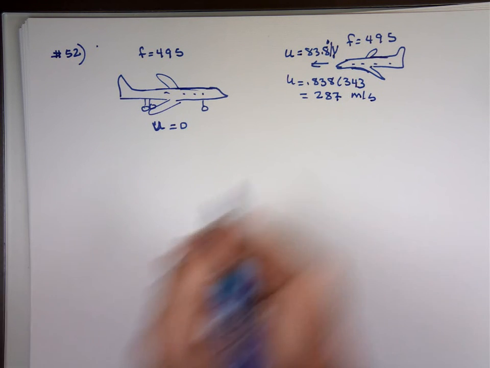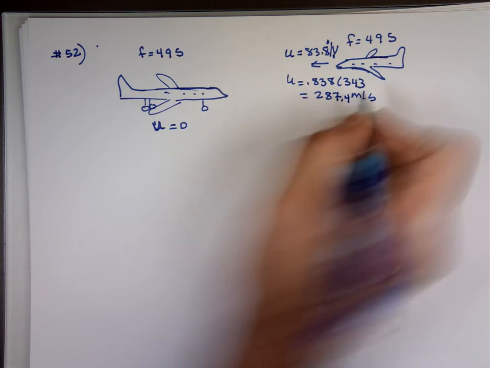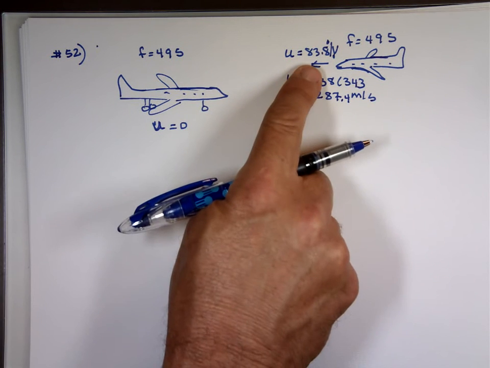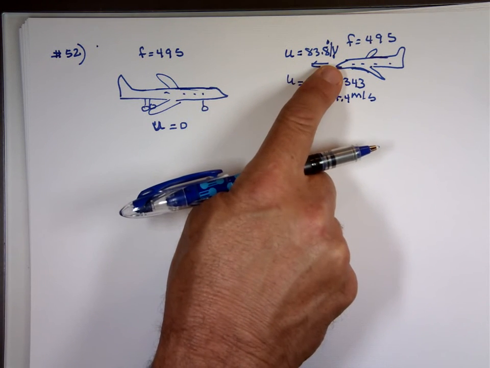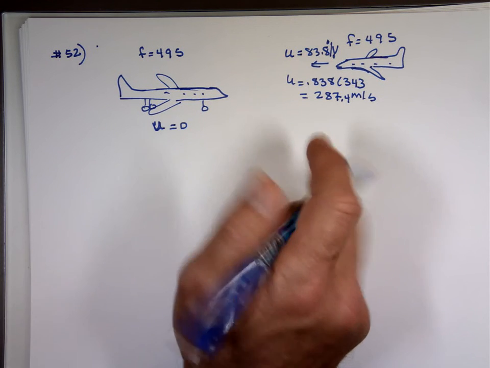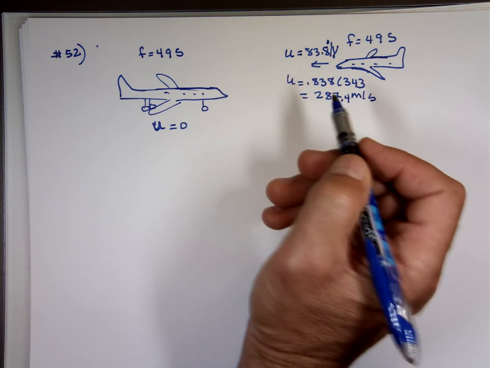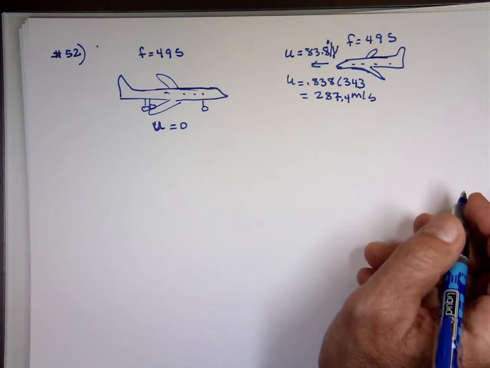It says the speed is 83.8% of v, the speed of sound. Why do you multiply by 343? The speed of sound's wave is 343 meters per second in air. That's why.